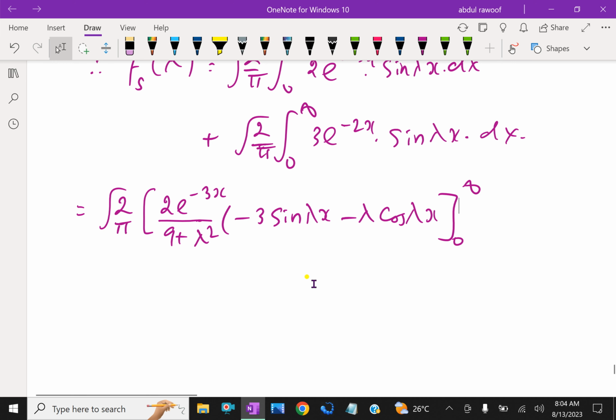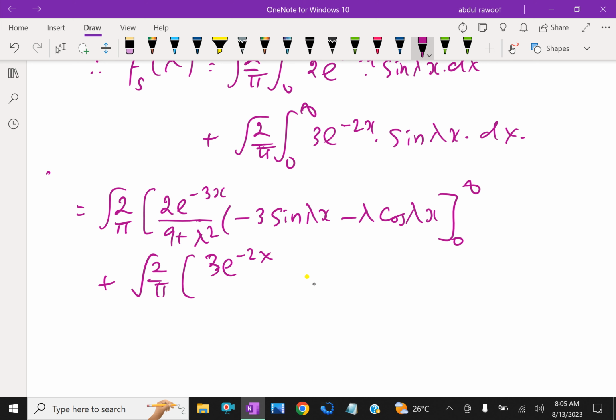Same for the second term, square root of 2 over pi, the second part, 3 e power minus 2x sine lambda x dx.